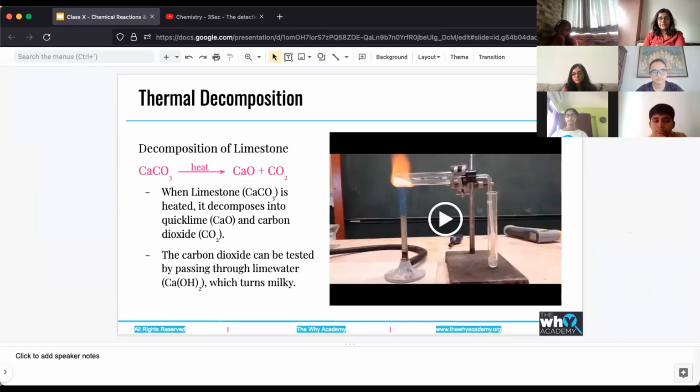The first is thermal decomposition. Best example is decomposition of limestone. There you go. Lime basically is a calcium ka compound. So limestone is calcium carbonate. Other common names for this, what is calcium carbonate? It's basically chalk. So the same chalk, blackboard pe likhne ke liye you use it, right?